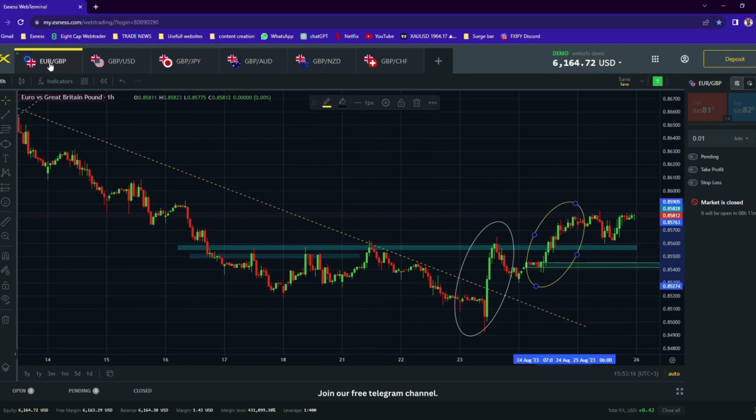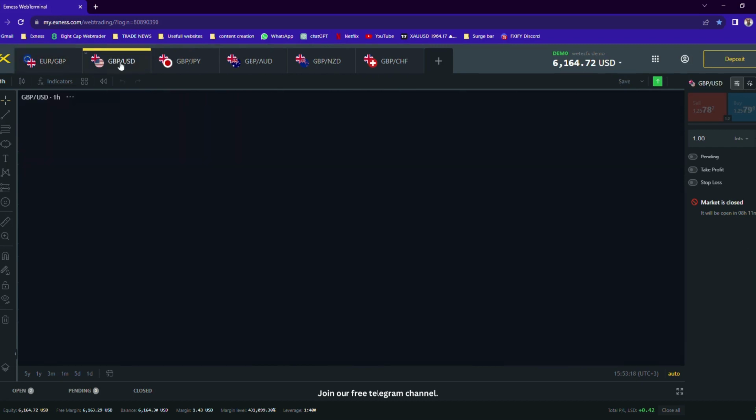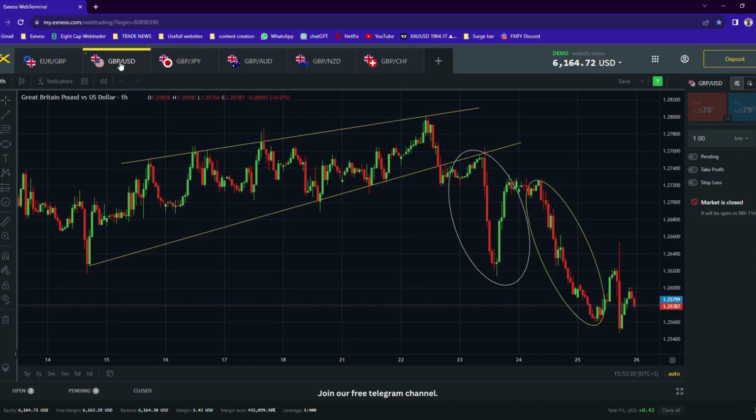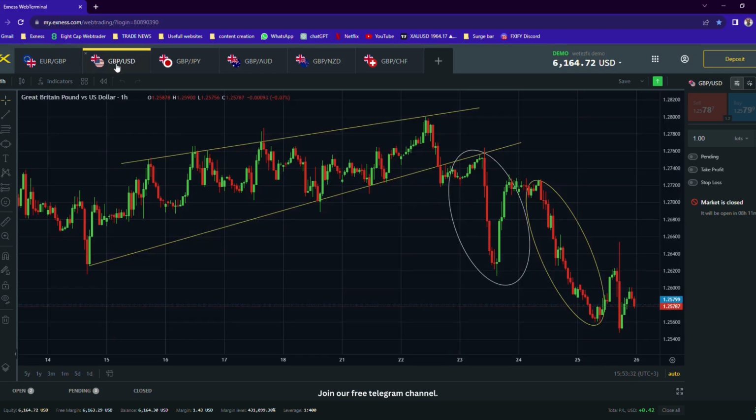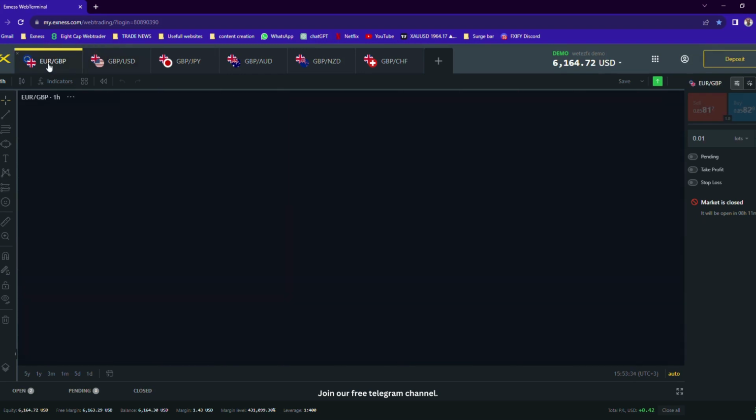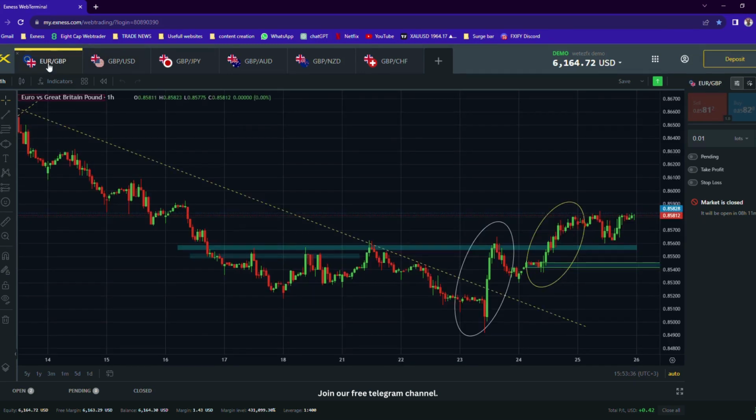If you look at Euro GBP and GBP USD, what is the relationship there? It's a negative correlation. It means GBP goes down, Euro GBP goes up, because GBP in GBP USD is the base, and in Euro GBP, GBP is the quote currency.